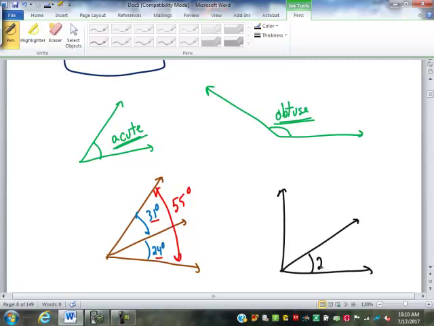If this angle here is 23 degrees, and this angle up here is 67 degrees, what do they add up to? 90. What is that called? Complementary, yes. Two angles that create a right angle, right up to 90 degrees, are complementary.